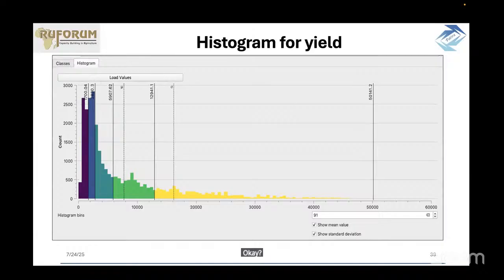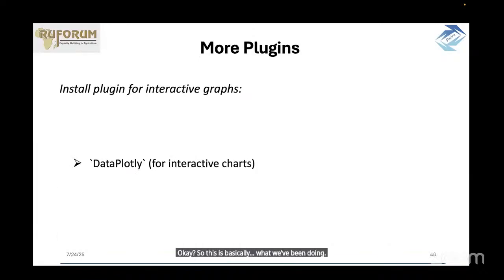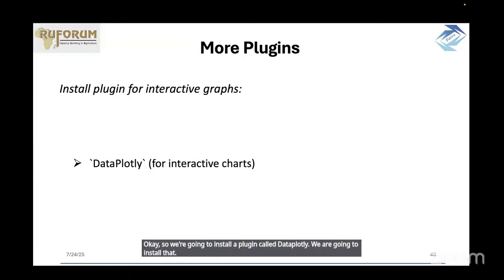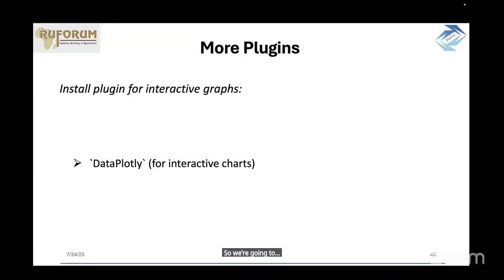So this is basically what we've been doing. Okay, we need to install a plugin for graphics, okay? So we're going to install a plugin called Dataplotly. We are going to install that. So we're going to open our QGIS.